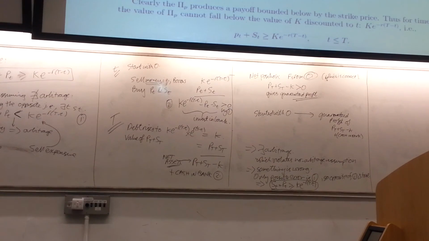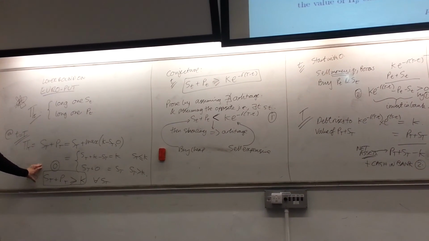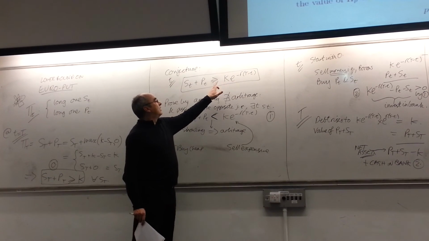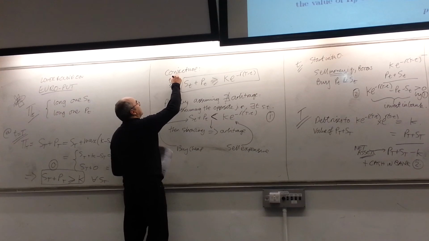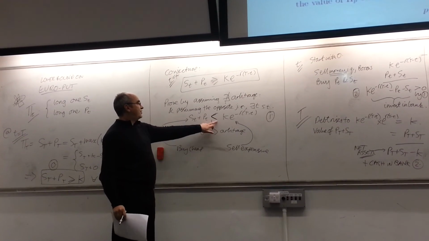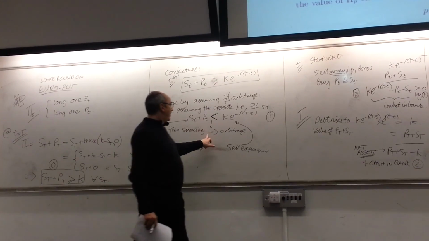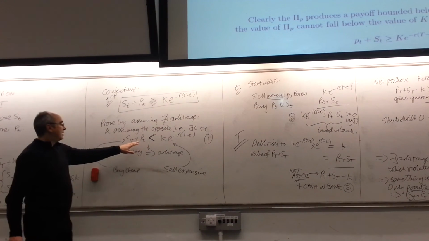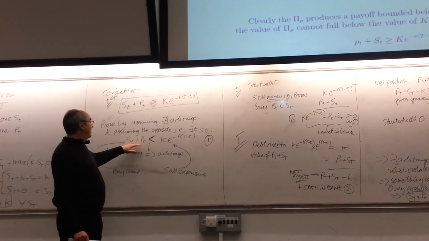So you start off with a bit of a rabbit out of a hat here, but it gives you the absolutely guaranteed inequality that you have at expiry. Then you assume the discounting factor here, put that into the conjecture for t less than T. You then assume that the opposite is true with a no arbitrage assumption, and then you go through and you sell the most expensive side, you buy the cheaper side, and so you borrow the money, buy this.